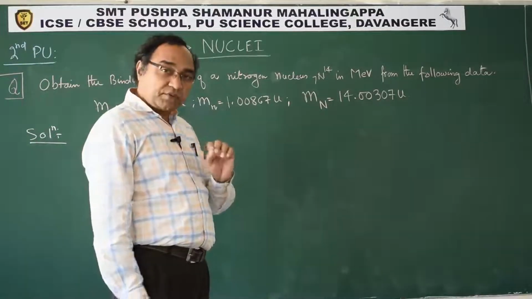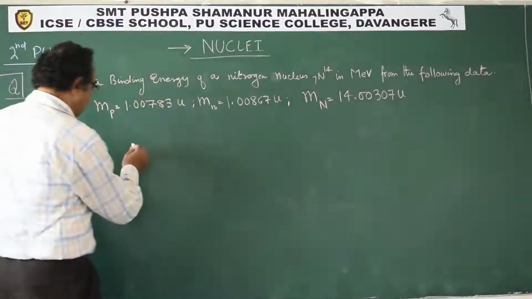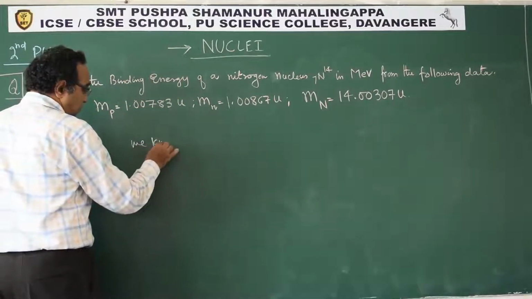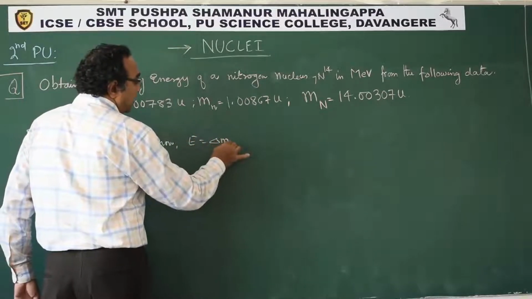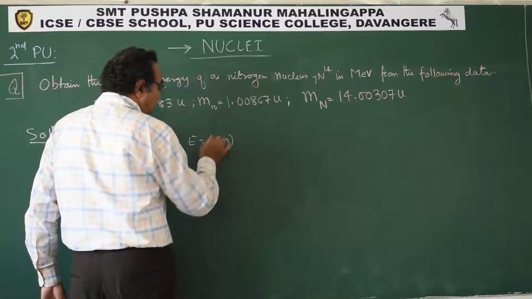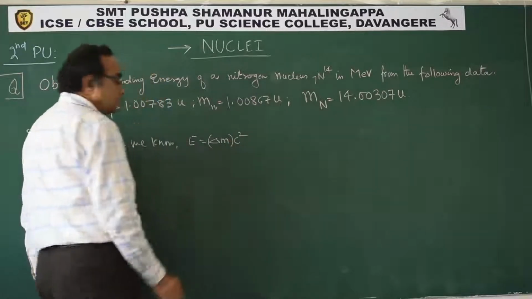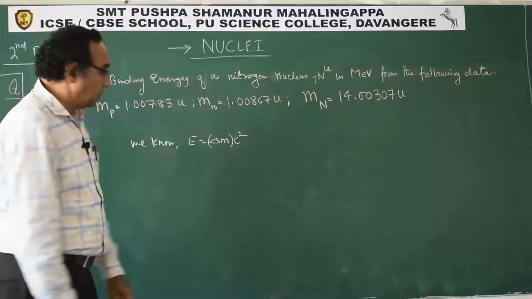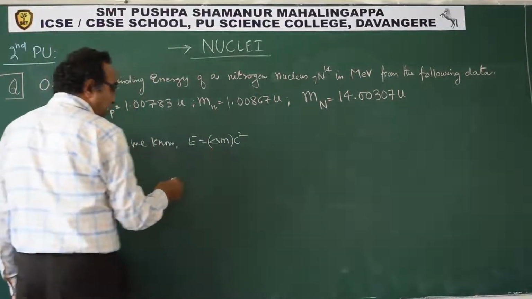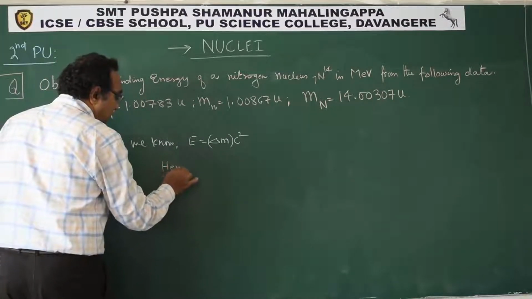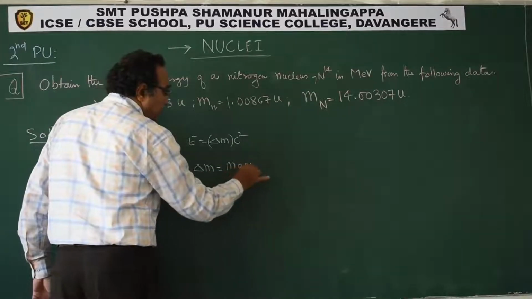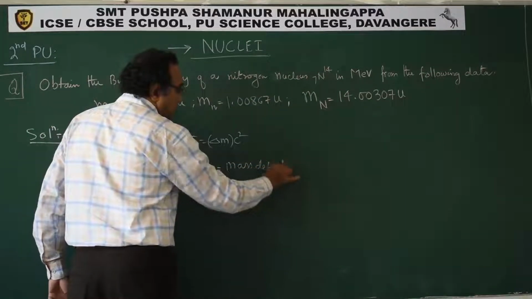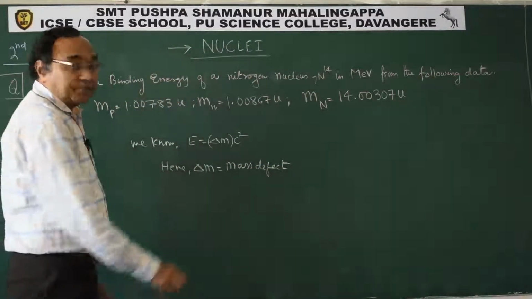Students, we know energy released is delta M into C square. Correct? Now this delta M is mass defect. So mass defect is how much?